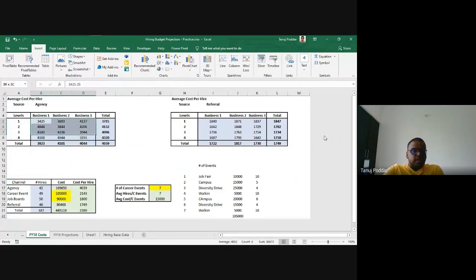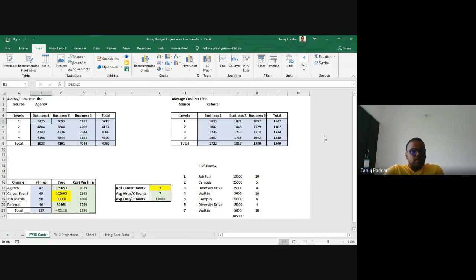If I do more hiring in business one and level 2, and less hiring in, say, business 3 level 4, then my averages will shoot higher, because the cost of hiring a business 1 level 2 person differs from the cost of hiring a business 3 level 4 person from an agency.